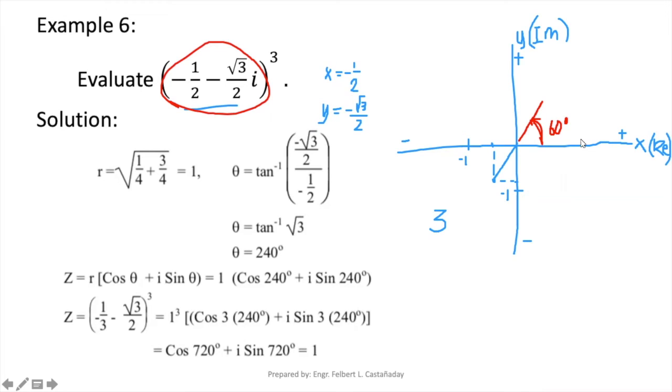Using this reference, counterclockwise, from here up to this angle theta, if this is 60, this part is also 60. So from this point to the negative axis, we have 180 plus 60. So we have 240 degrees.